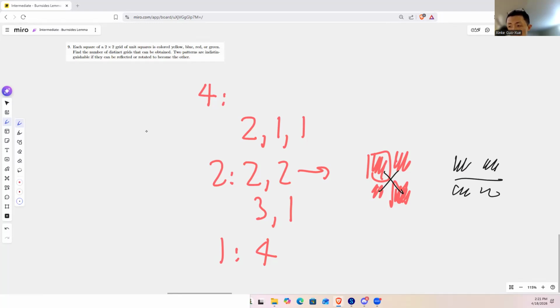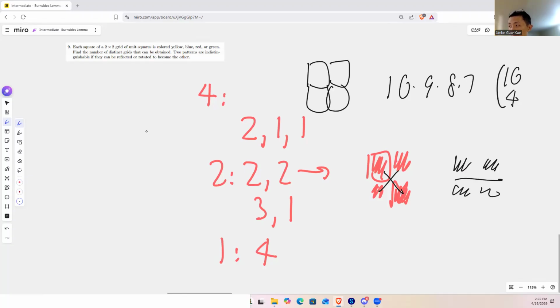So if we have four different, there's nine times eight times seven times six. Because there's 10 ways here, nine ways here, eight ways here, seven ways here. But another way to think about it is it's 10 choose 4 times 4 factorial. Maybe I said the wrong thing, but yeah, 10 times 9 times 8 times 7.